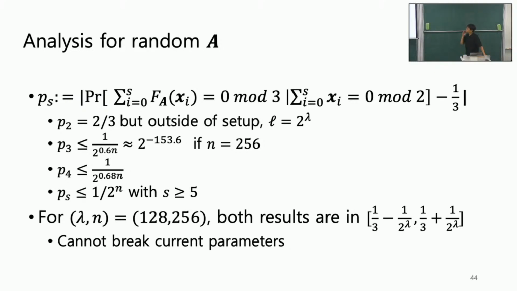Indeed, if S is 2, then the difference is sufficiently larger than 1 over 2 to the lambda, but it is outside of our setup. Moreover, for all cases, both results are contained in this interval, which means we cannot break current parameters.